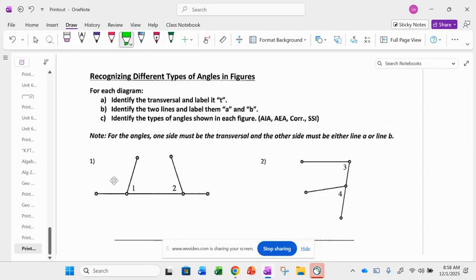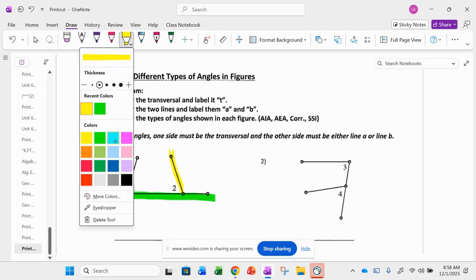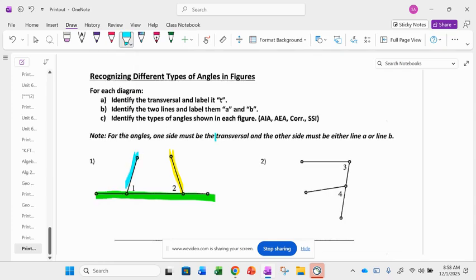So which one I'm going to highlight is the transversal? So blue, yellow, or green, which one's the transversal? Green is the transversal because it cuts the other two lines. So once we identify the transversal, then we name the other lines A and B. It doesn't matter which one's A, which one's B.